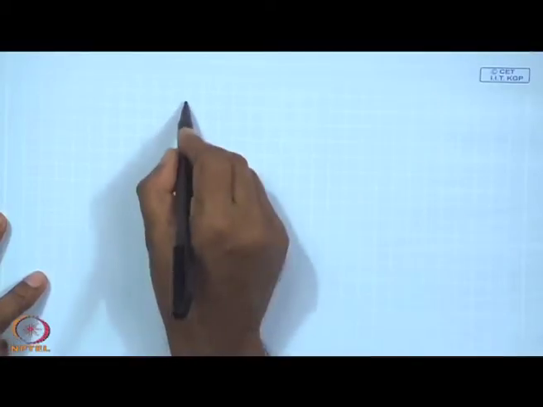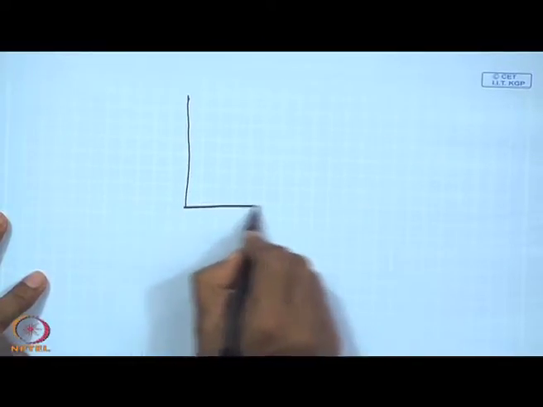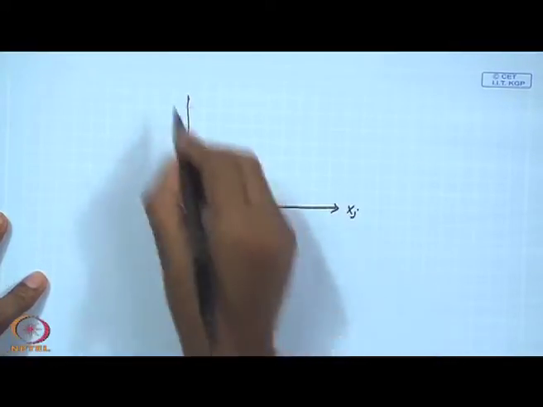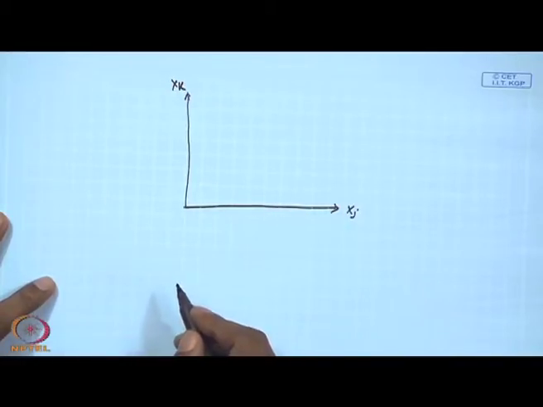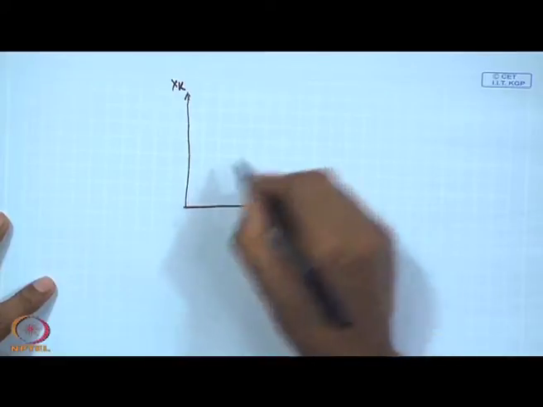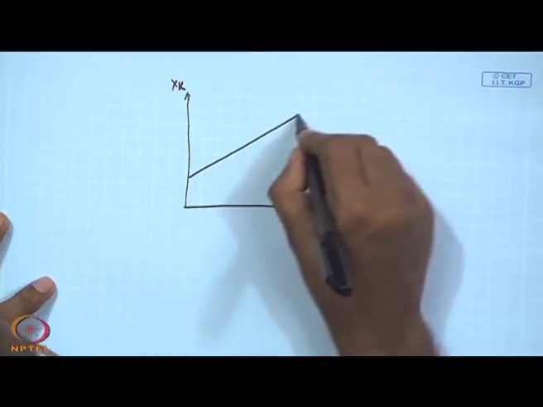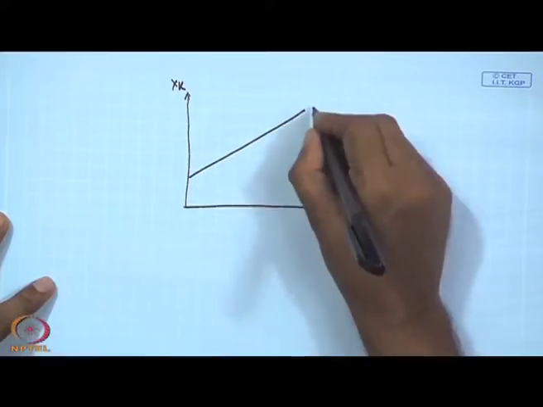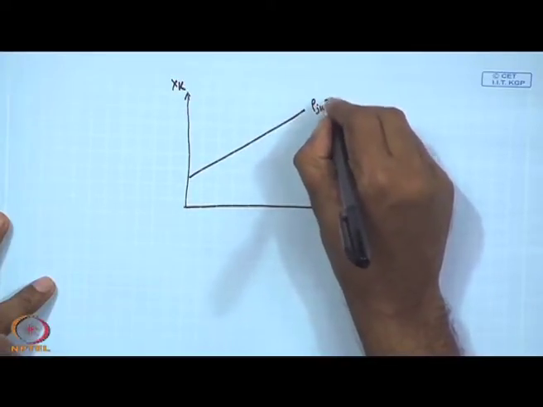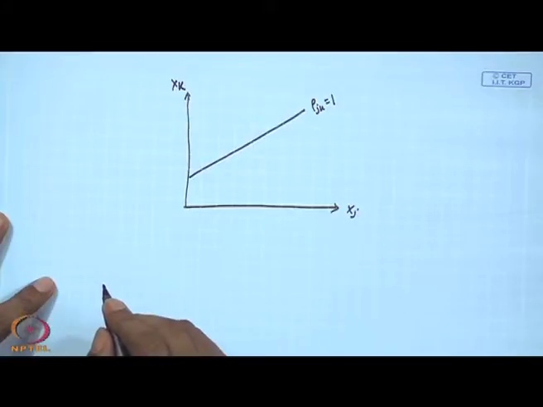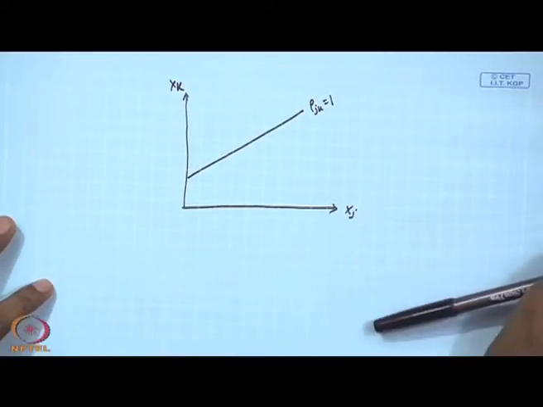And if you draw this, suppose you have two variables, this side x_j and this side x_k, and if you draw a scatter plot for positive correlation, you may get something like this, that is rho_jk equal to 1. Okay.